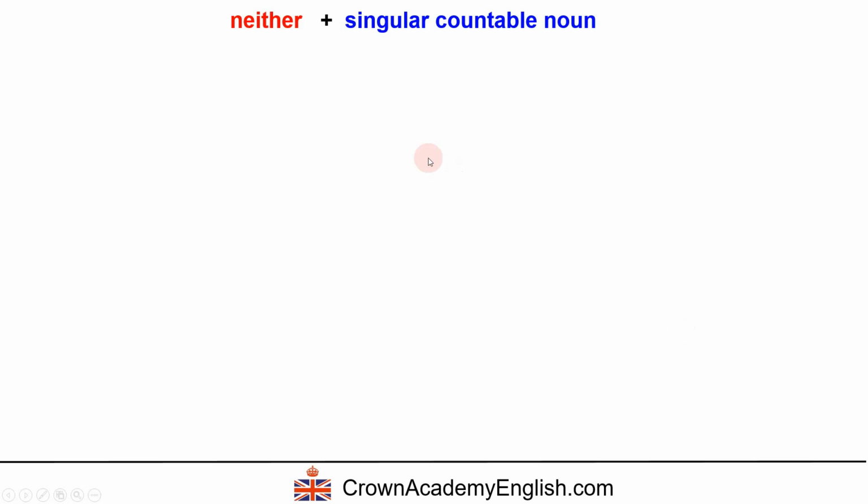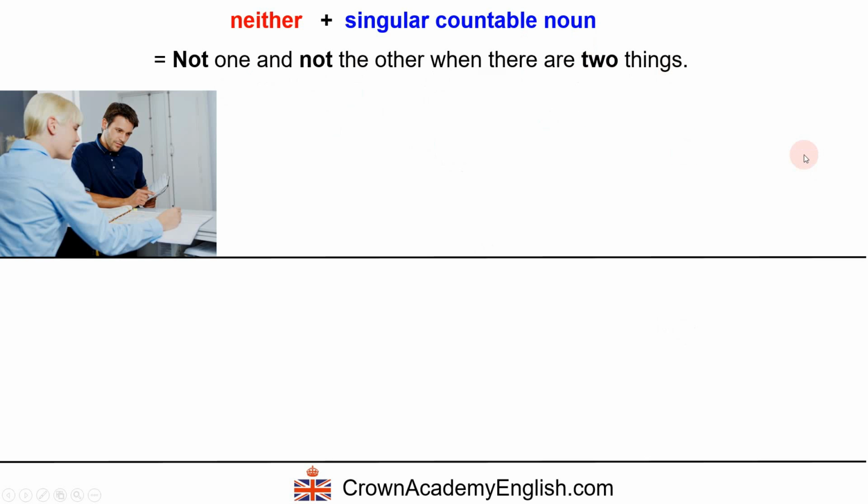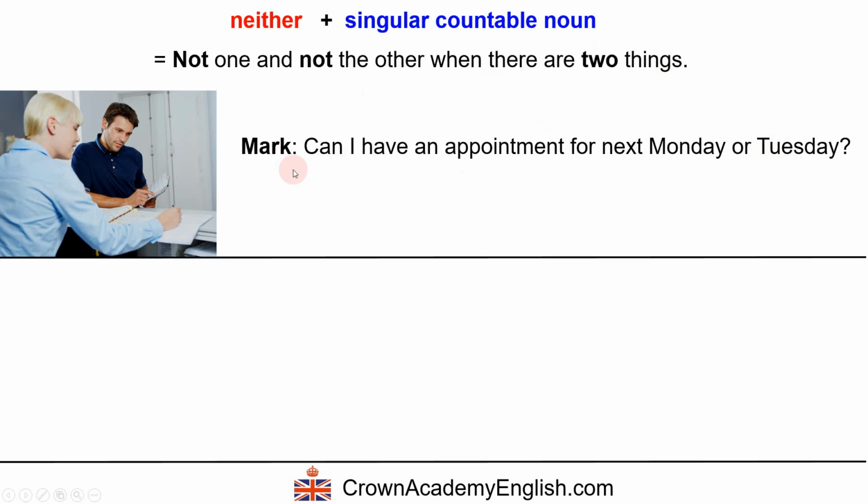Let's look at neither. So neither followed by a singular countable noun. It means not one and not the other. Again, when there are two things. Mark says, can I have an appointment for next Monday or Tuesday? And the secretary replies, sorry, neither day is possible.